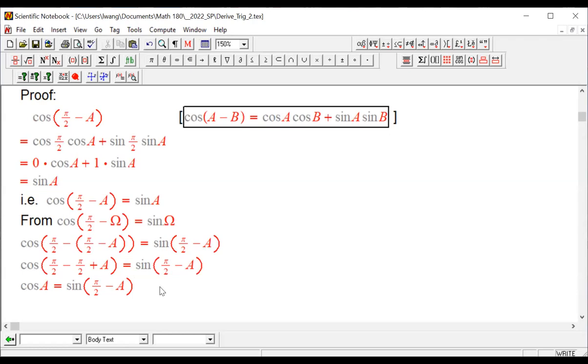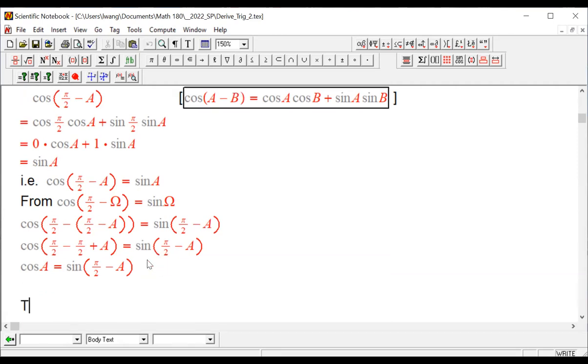Next is that sometimes to memorize these two identities, which are very, very useful because we're going to use them for future identities, useful formulas, I'm going to show you a tip to memorize these two.